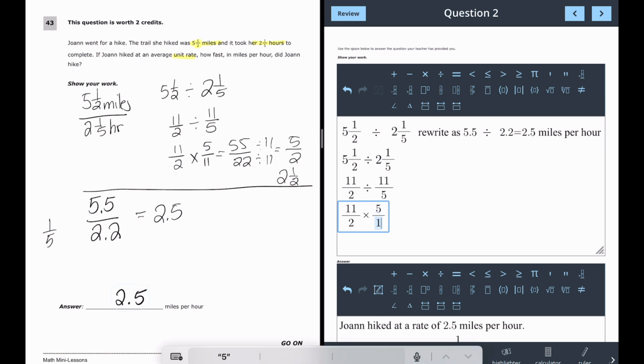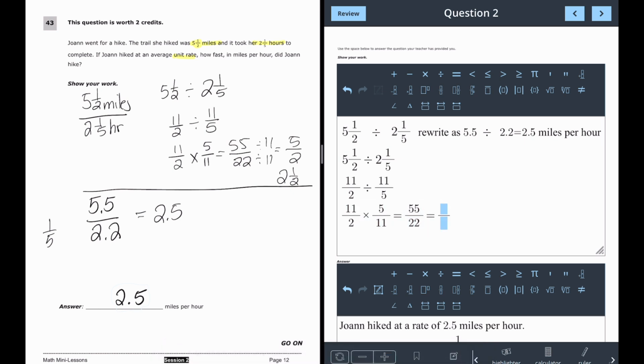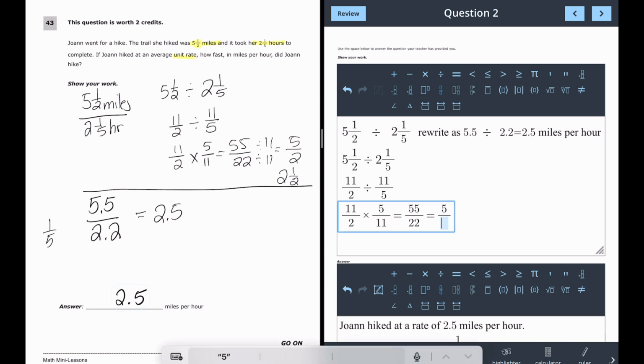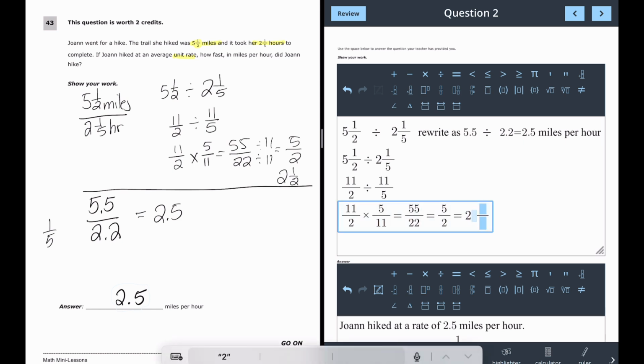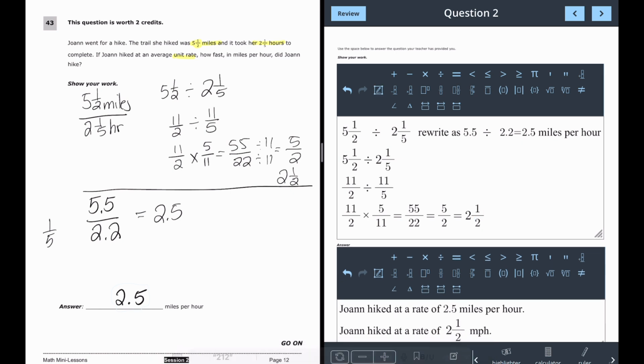So 5/11, which is equal to, and I have to put another fraction, 55/22, which is equal to 5/2, which is equal to, and then my final answer, 2.5. And boom, there you go.